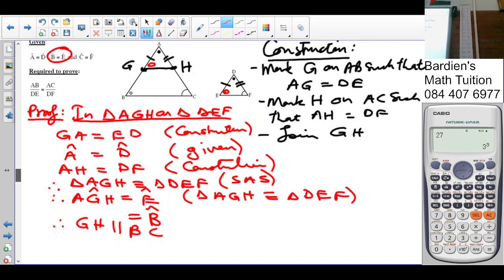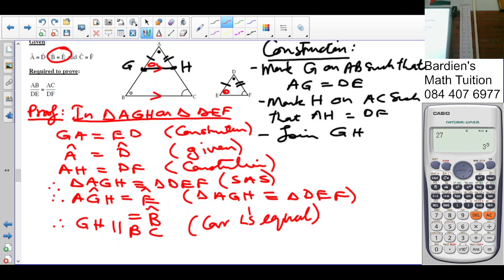GH is parallel to BC. On what account are they parallel? Corresponding angles are equal. Now normally when we use corresponding angles, we name the lines that are parallel, but here we are saying they are parallel based on the fact that corresponding angles are equal.